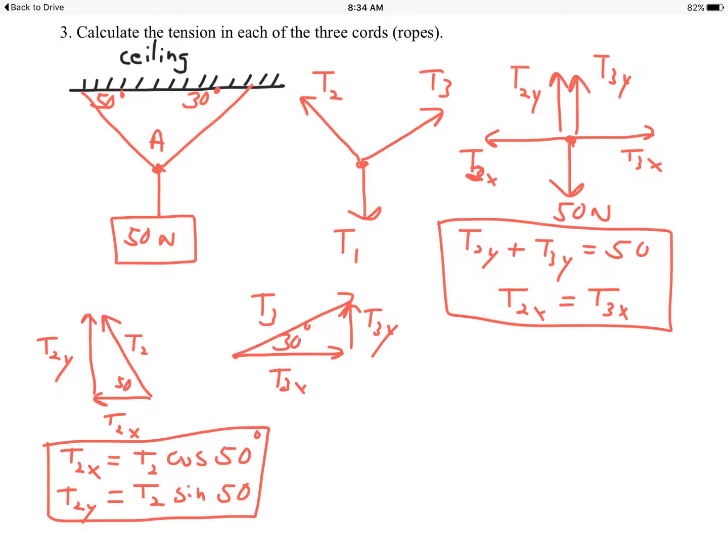And if you know your 30, 60, 90 triangles, you could take some shortcuts as well, but I'm not going to do that right now. But using sines and cosines, T3x comes out to be T3 times the cosine of 30 degrees, and T3y is going to be T3 sine of 30 degrees.